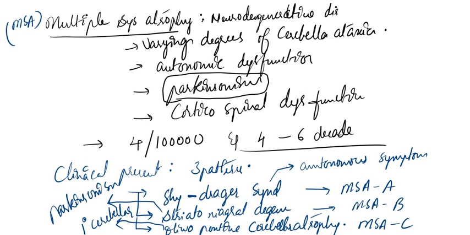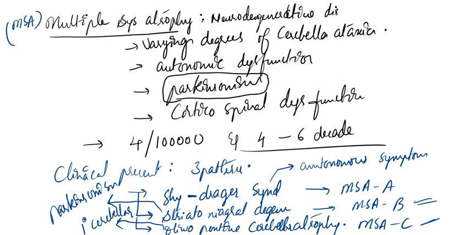Now you should remember one very important statement. The autonomic symptoms that we discussed here are actually considered part of both MSA-C as well as MSA-B.